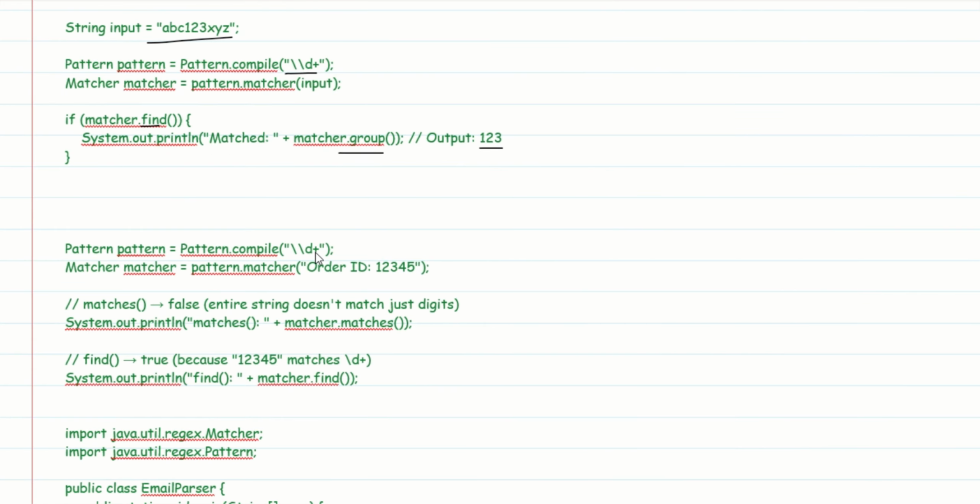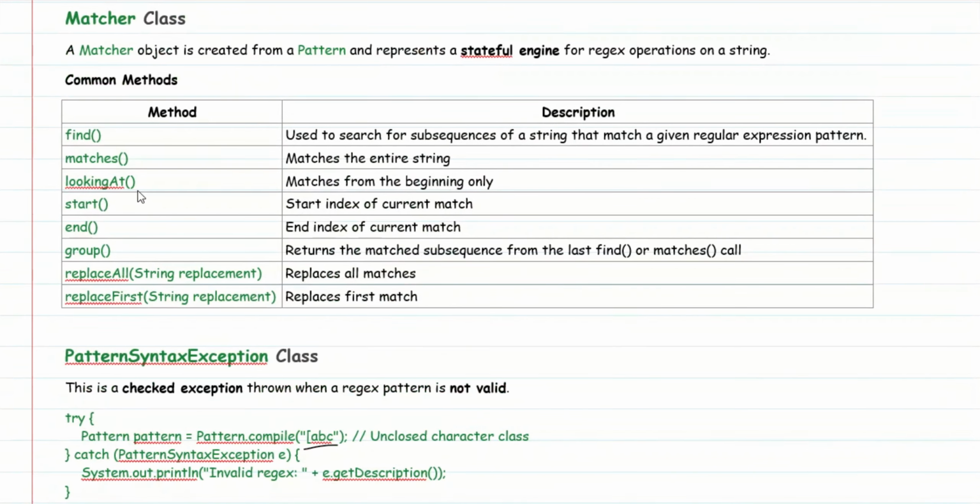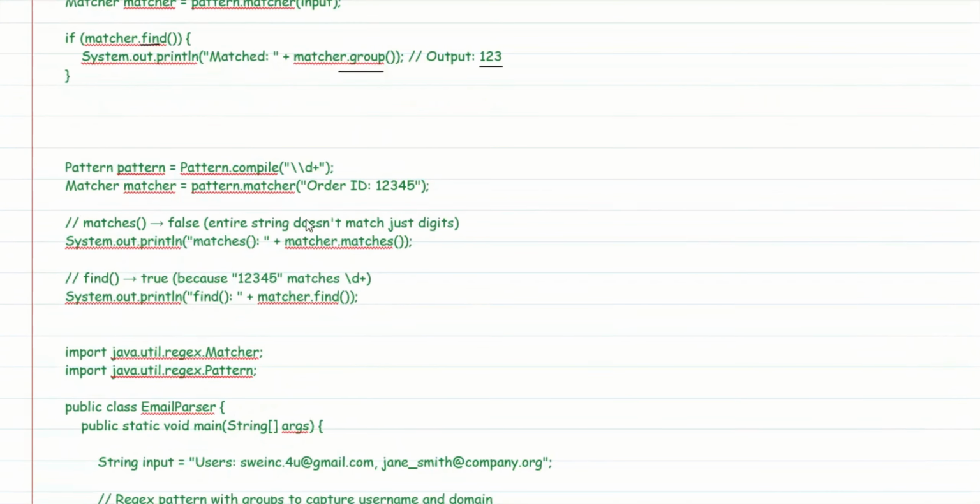So, the difference between find and matches. What we have seen before is the definition: matches will match the entire string, and find is used to search for a subsequence, like a substring within the provided input string. So here you can see the example. Again the same pattern, \d+, and an input string. If the input contains a digit, one or more occurrences, it will give you the result for find.